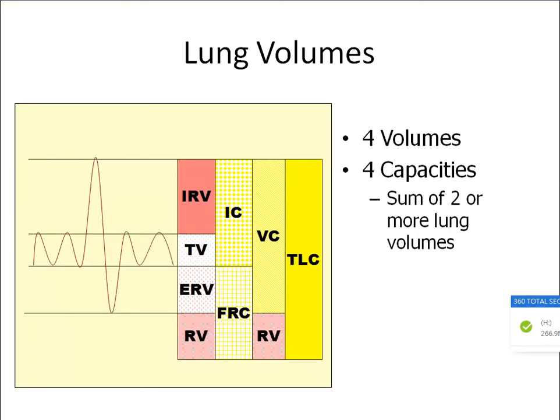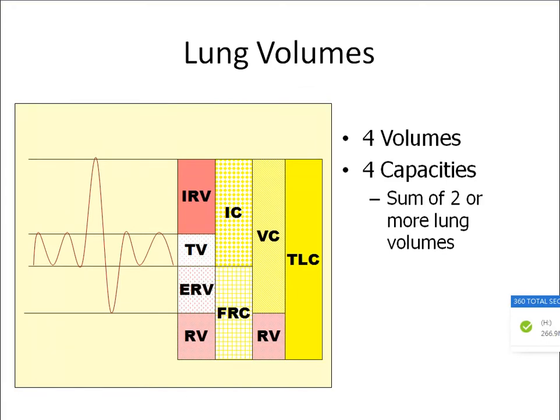Generally, there are 4 lung volumes: inspiratory reserve volume, tidal volume, expiratory reserve volume, and residual volume. The inspiratory reserve volume is the amount of air that can be inhaled from a position of maximal inspiration.